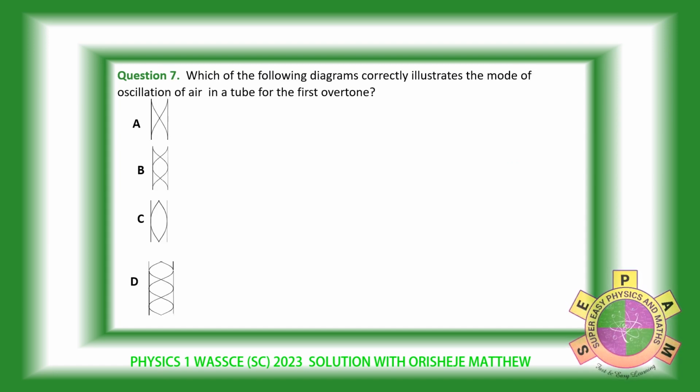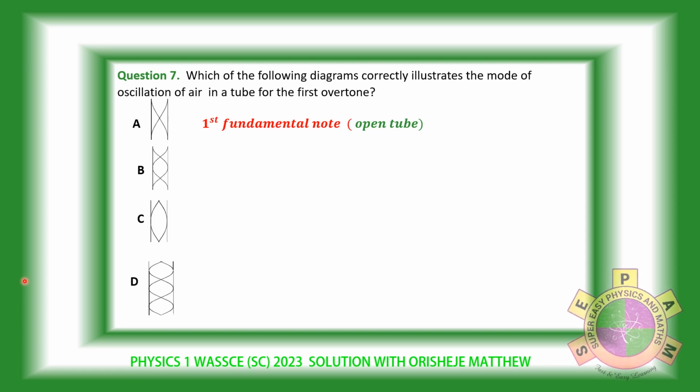Question 7. Which of the following diagrams correctly illustrates the mode of oscillation of air in a tube? For the first overtone, A is the fundamental note, the basic vibration mode for an open tube.